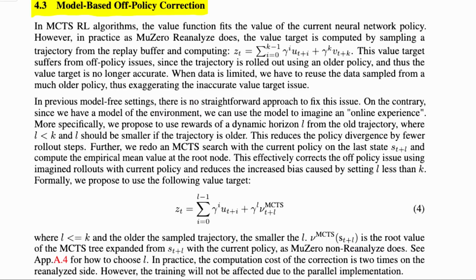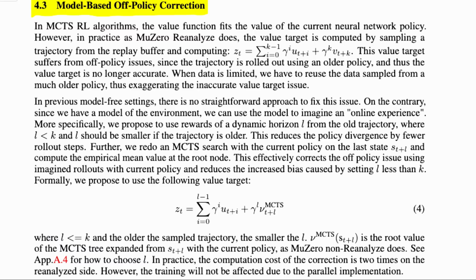This is an off-policy correction mechanism, and they have two different mechanisms to do off-policy correction. I already said off-policy correction, you have to do it because the data that you get to learn from comes from your replay buffer, comes with delay from the network and so on, and is a little bit older than the network that you're learning. And that turns out to be quite a big problem.